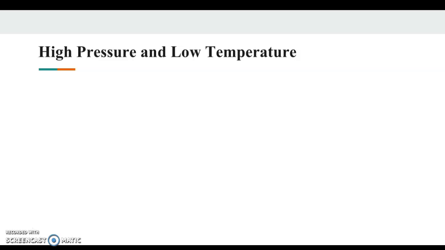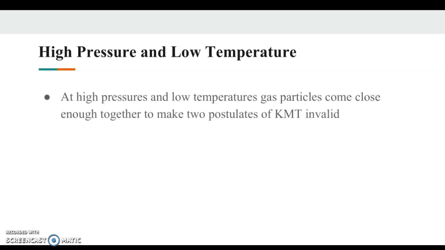Additionally, pressure and temperature are going to have a huge effect on how our gases are behaving. At high pressure and low temperatures, gas particles come really close together and make two of the postulates of KMT invalid. So high pressure and low temperature are really non-ideal conditions for gases.